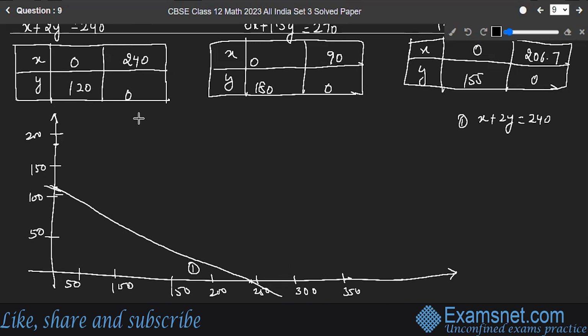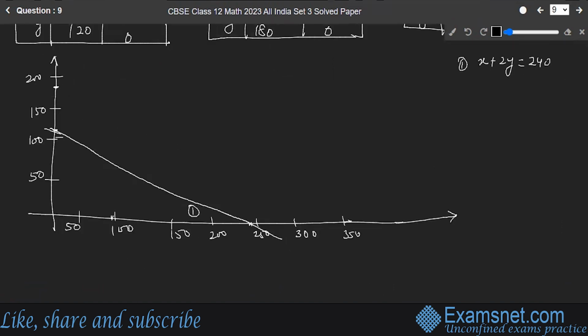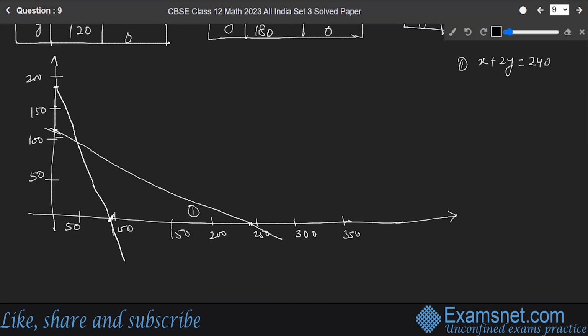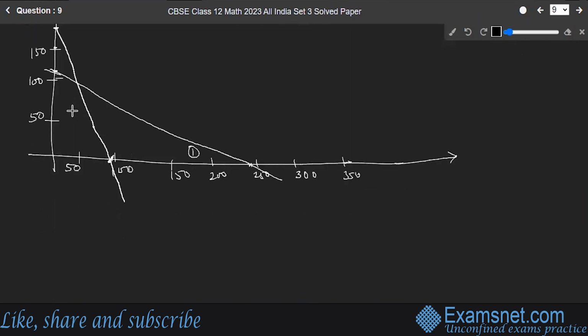And 90, comma 0, will be around here. Now the third one, 0, 155, will be somewhere here. And 206, 0, is around here somewhere.